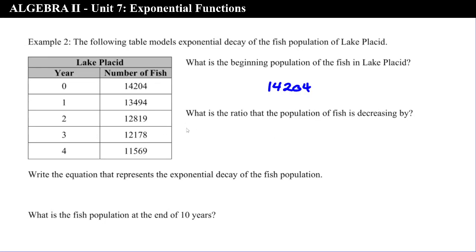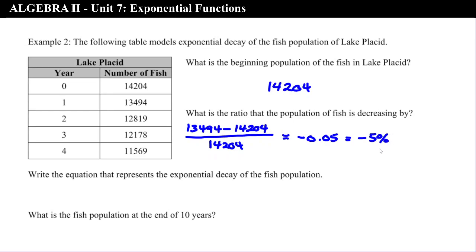Well, to find that out, we take the new value, which here would be 134.94, subtract the old value, which is 14,204, and divide it by the old value, which is, again, 14,204. And when you do this, you're going to end up with negative 0.05, or a decrease of 5%.